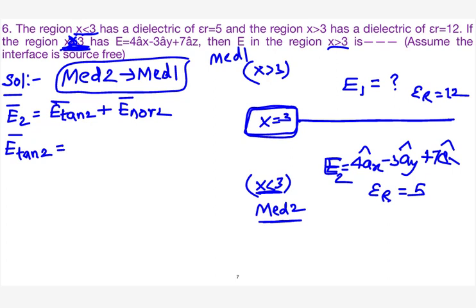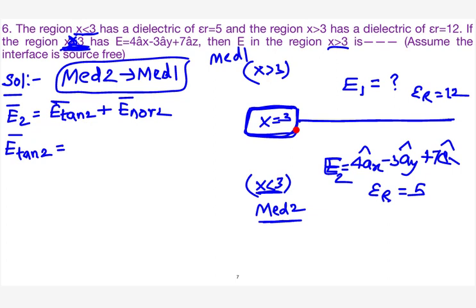So when you have a plane x equal to 3, what will be the direction which will be perpendicular to the surface? Which direction will be perpendicular?